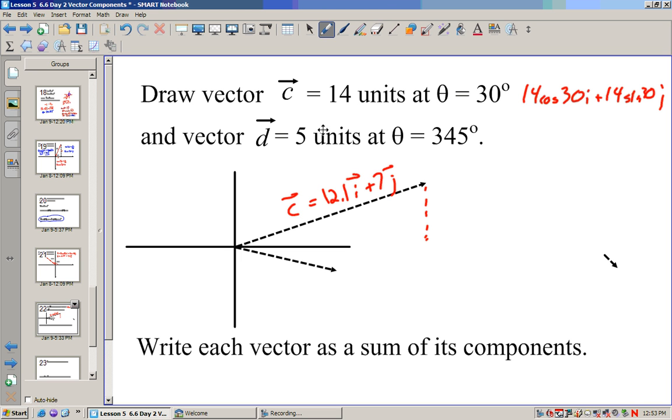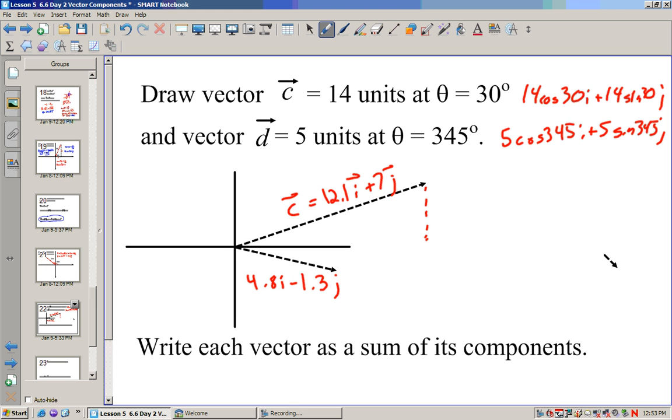Now if I have vector D, we would find that by 5 cosine 345i plus 5 sine of 345j. 5 cosine 345 is 4.8i plus, oops, I should say minus. I should have known that before I even put it in my calculator because it's going down. So that would be minus 1.3j.